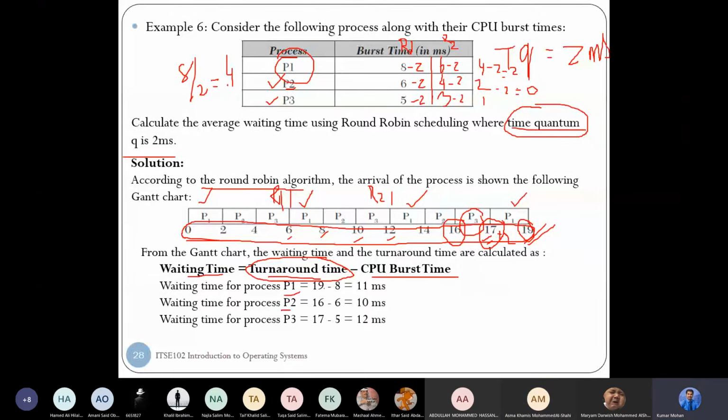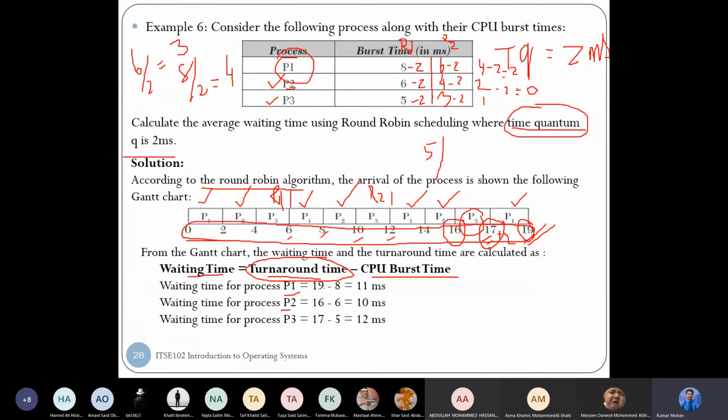So 4 times P1 will come. How many times P2 will come? 3. Yes, so P2 will come 3 times: 1, 2, 3. How many times P3 will come?